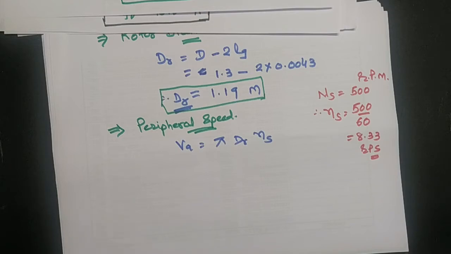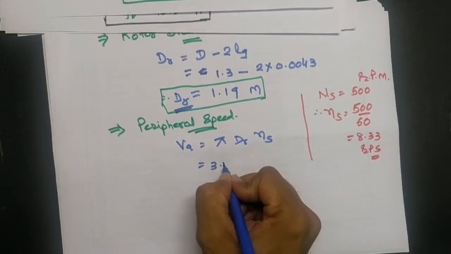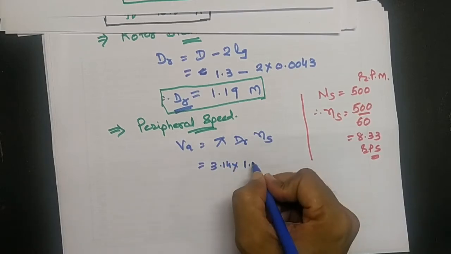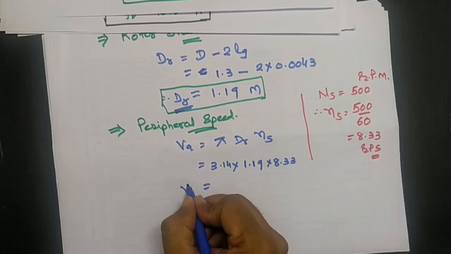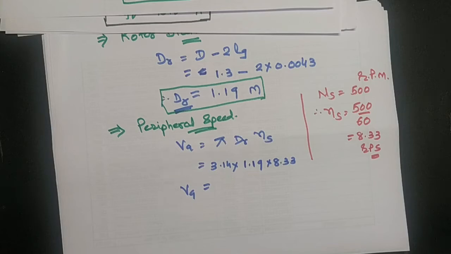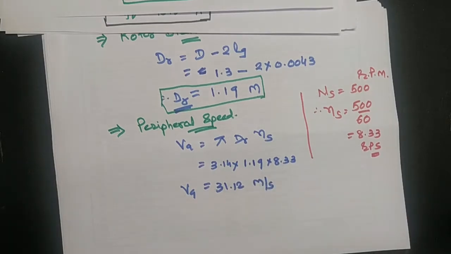Now we calculate our peripheral speed: 3.14 multiplied by 1.19 multiplied by 8.33, which is 31.12 meter per second. So this is our peripheral speed.